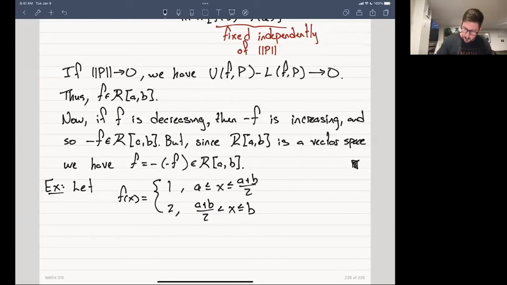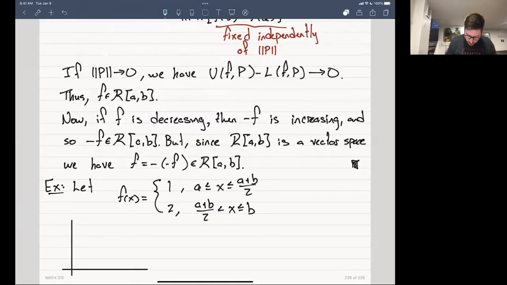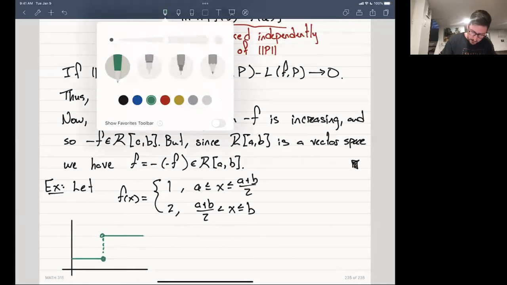Okay, so if we just offer up a very, very quick, easy sketch of this thing, this is a very easy function to sketch out. It's equal to 1 up to some point, and then 2 beyond that. So we have this open circle at the top. We've got a nice jump discontinuity here.